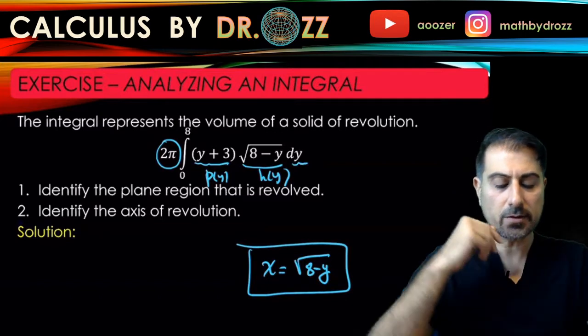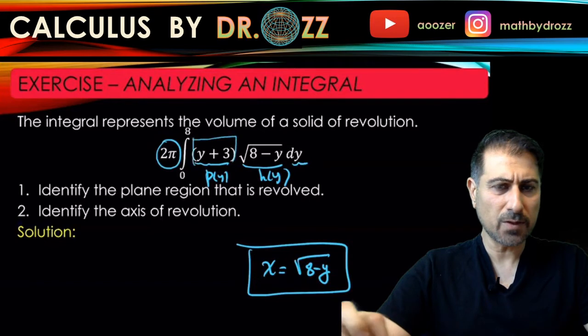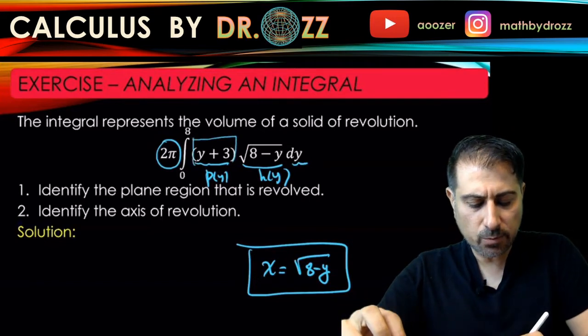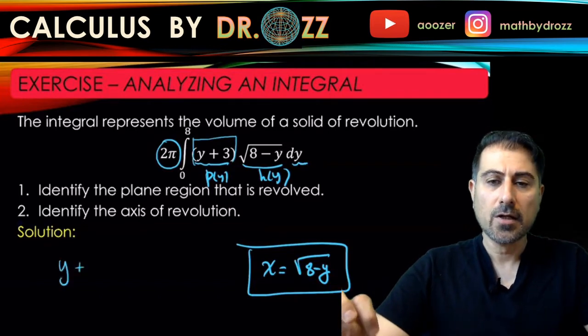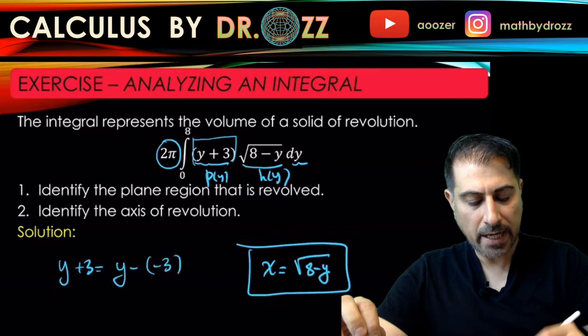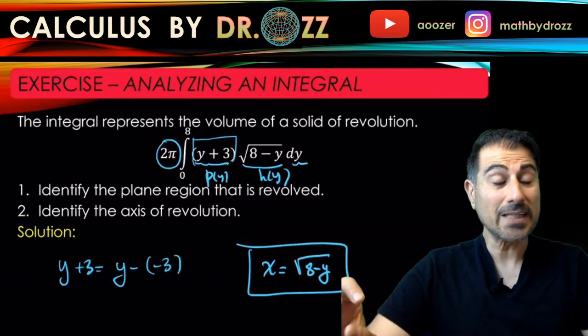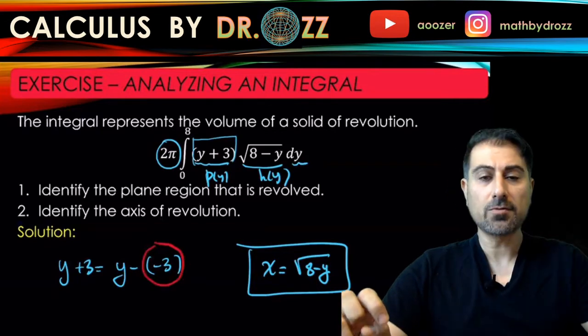Generally, y coordinates of those slices are taken as y. So if this is y plus 3, I will consider y plus 3 as y minus negative 3. So this is going to tell me exactly what line I'm rolling the region around: y equals -3.